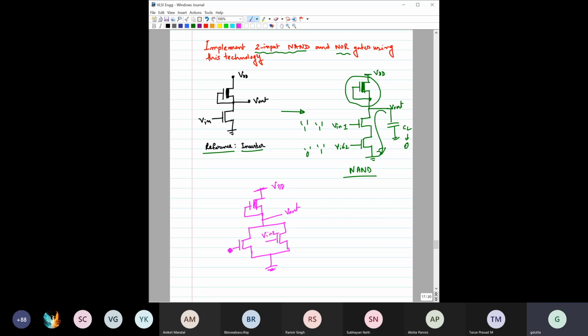So this is V in 2, this is V in 1. Okay, that's great. This is NOR. So here the difference is this one, right? Fine. But I could have also given the difference something like this.